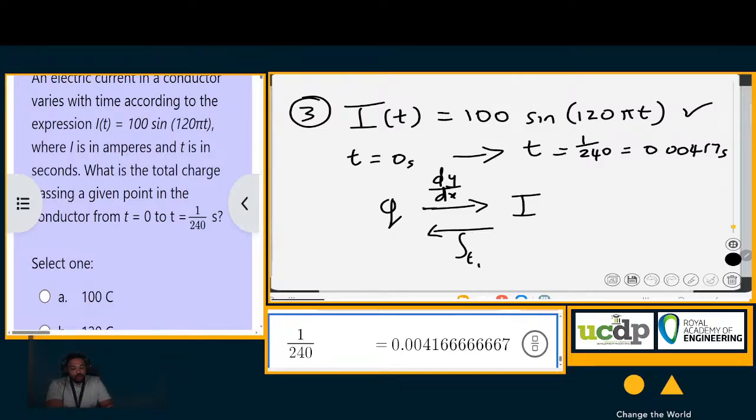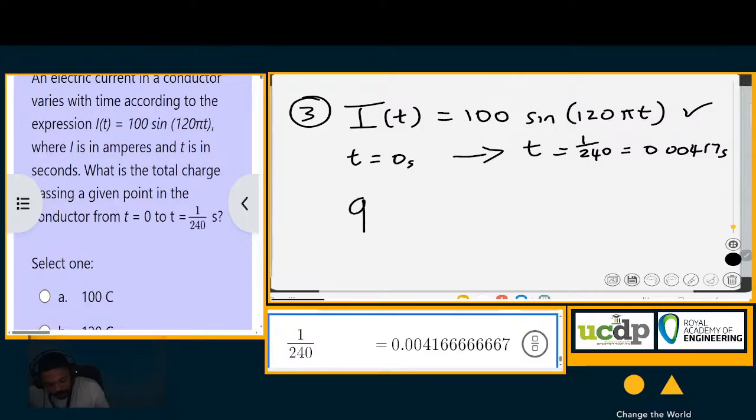So by that logic, we have been given the current, and we need the charge. So we need to calculate the integral.